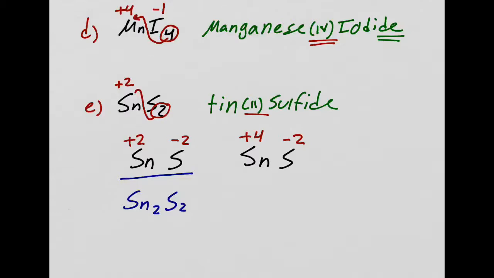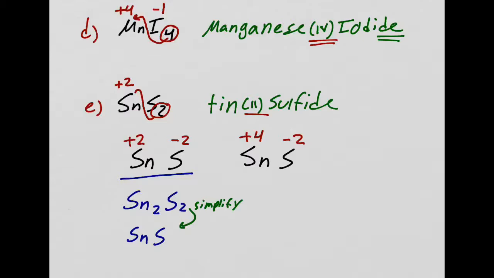But remember what we talked about. After you cross multiply the charges, if you can simplify, you must simplify. Can I simplify here? Oh yeah. What can I simplify by? I can divide it by 2. So it would be SnS. So I simplified by dividing it by 2, and you must simplify when you can.